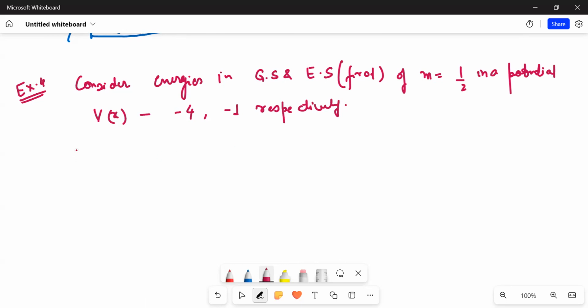And let us say that there is a relation between the first excited state wave function, psi 1(x), and the ground state wave function, psi naught(x), and they are related like this.